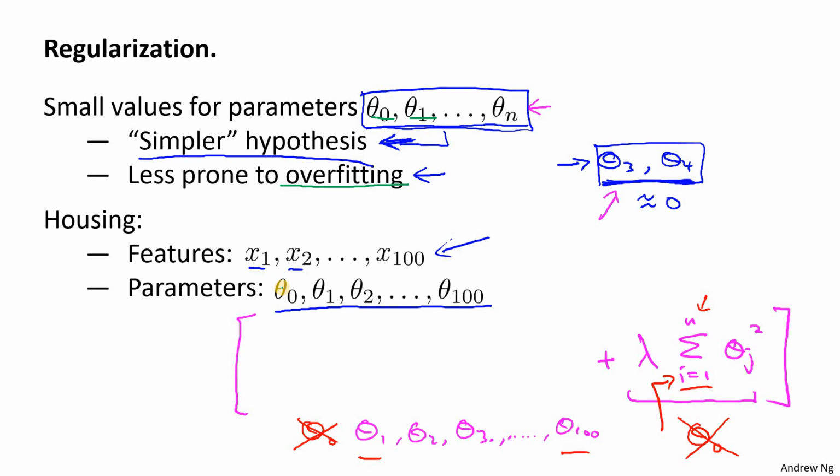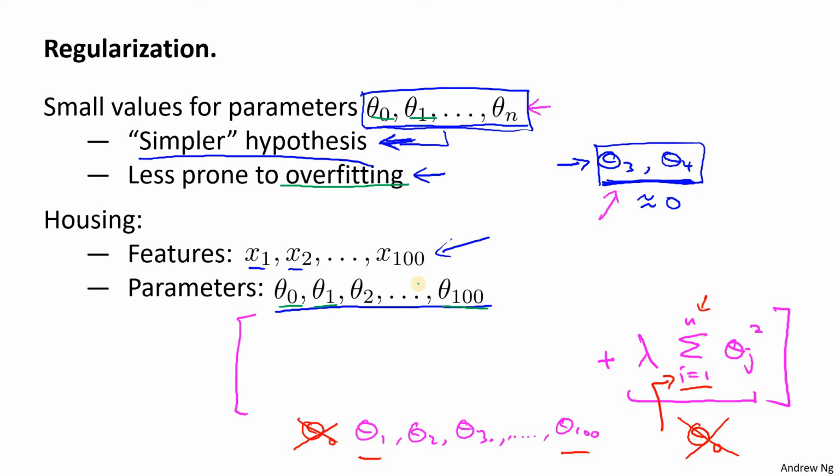Theta 0 is your bias term, whereas theta 1 until theta 100 are the parameters that are multiplied with x1 until x100.